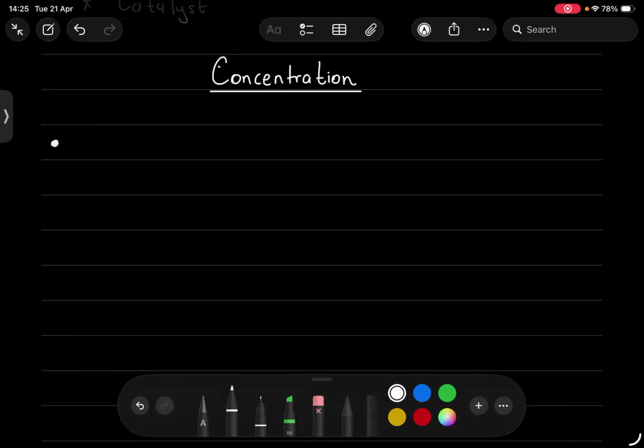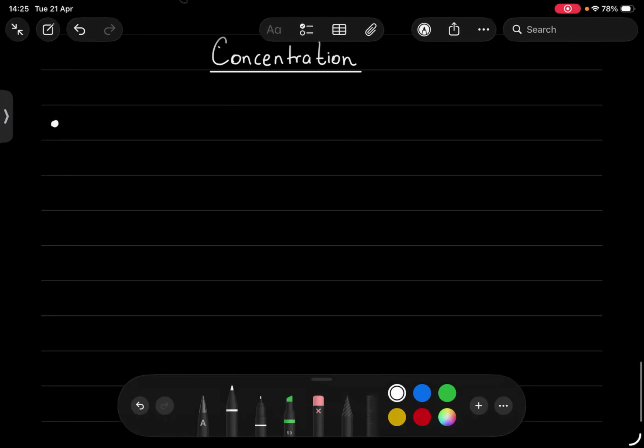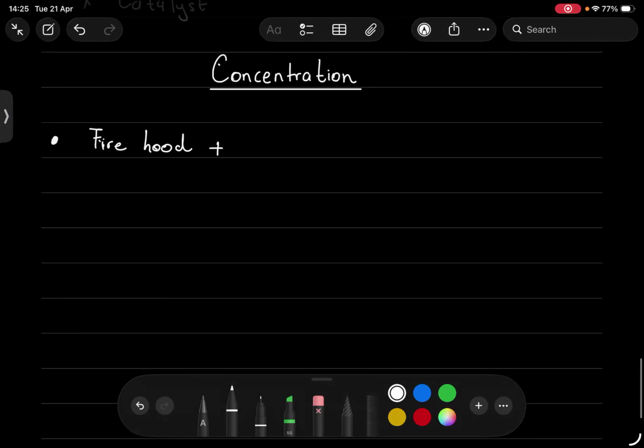When you talk about the concentration, let's say for instance you have firewood plus matchbox.